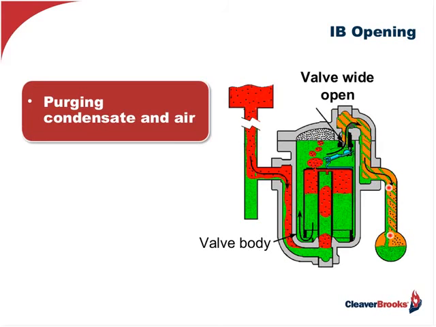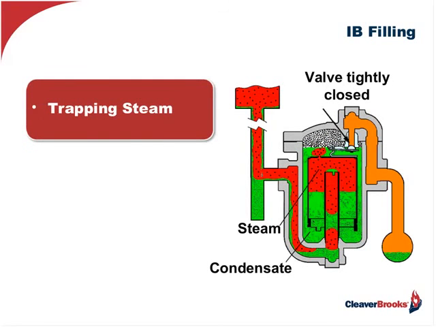Now, as the steam begins to increase, I'm beginning to trap more steam than condensate. What happens here is the bucket now begins, because of the buoyancy, to float and closes off the valve, thereby trapping the steam.